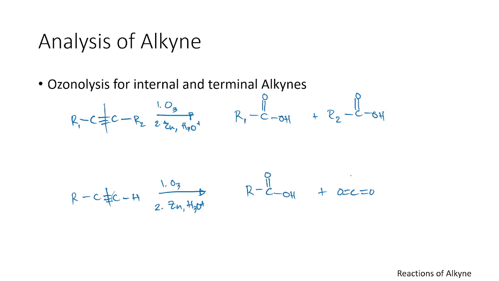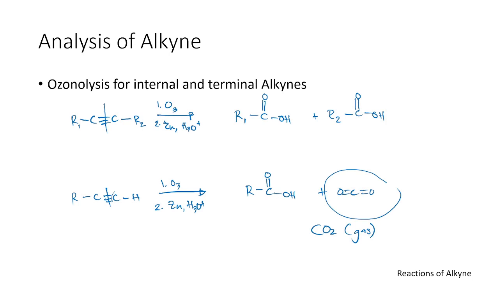Both of them will proceed to give what we call carboxylic acids, so both of them will be acidic. But when it comes to terminal alkynes, you will notice that we will have carbon dioxide, which is actually a gas. If you see evolution of gas during your ozonolysis, it just means that you have a terminal alkyne.